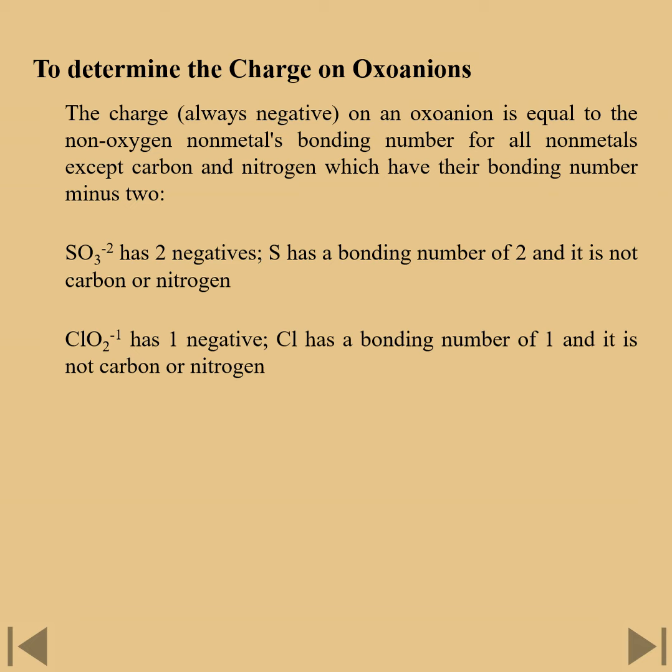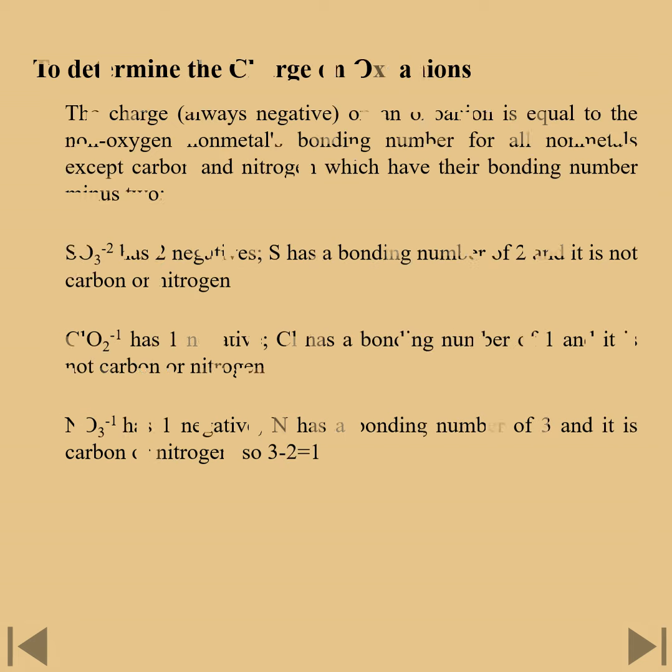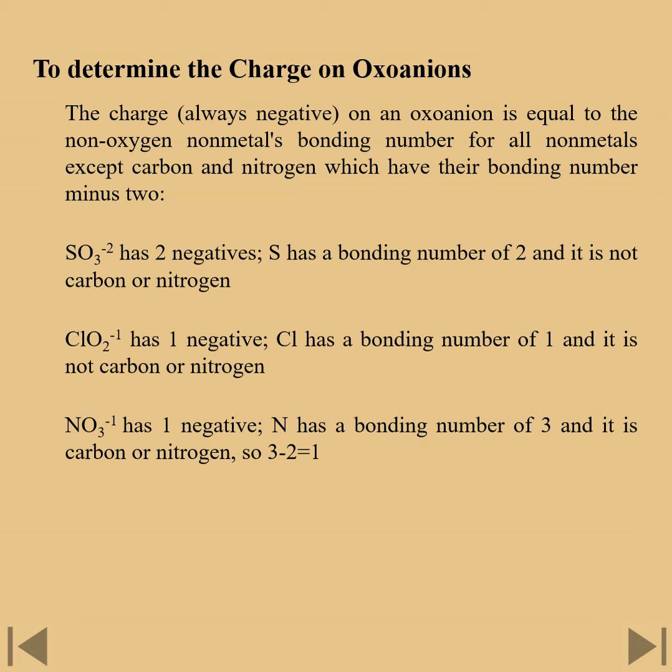Chlorite, well, chlorine has a bonding number of 1, and so a charge of -1. This last one, nitrate, well, nitrogen has a bonding number of 3, but it is one of our 2 exceptions. So we reduce that 3 by 2, and that gives us -1.